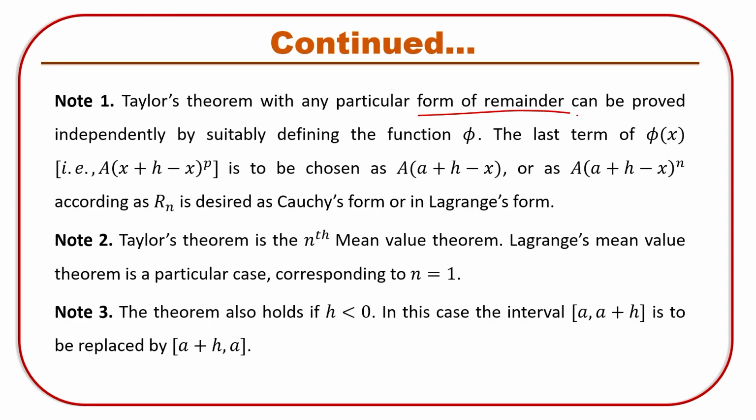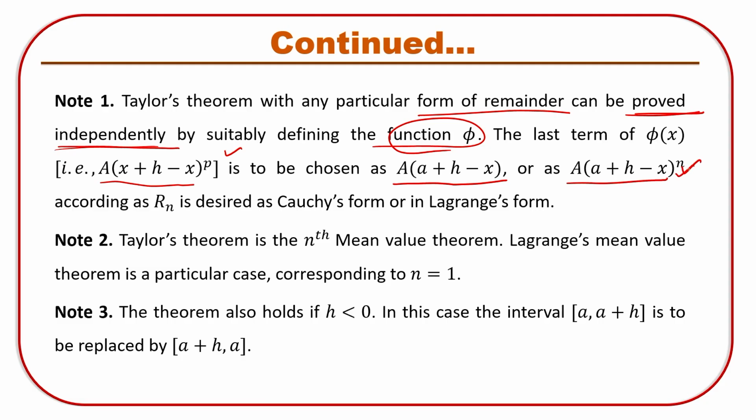The last term of phi x, A into (a plus h minus x) power p, is to be chosen as A into (a plus h minus x) or as A into (a plus h minus x) power n, according to whether p equal to 1 or p equal to n. p equal to 1 is the Cauchy one and p equal to n is the Lagrange one, right.